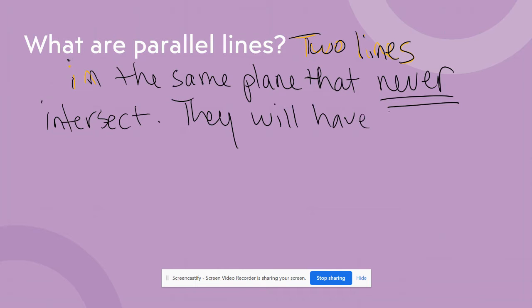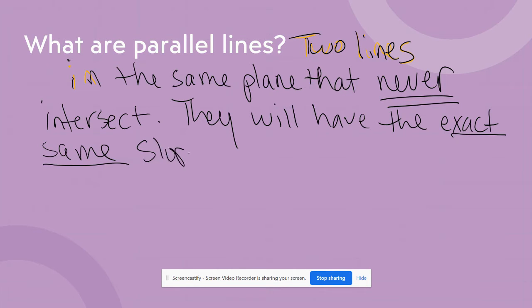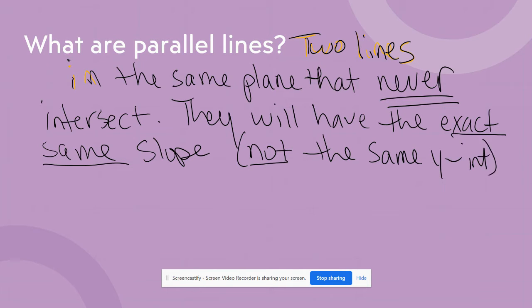They will have the exact same slope, not the same y-intercept, obviously, since they are never going to touch or cross.